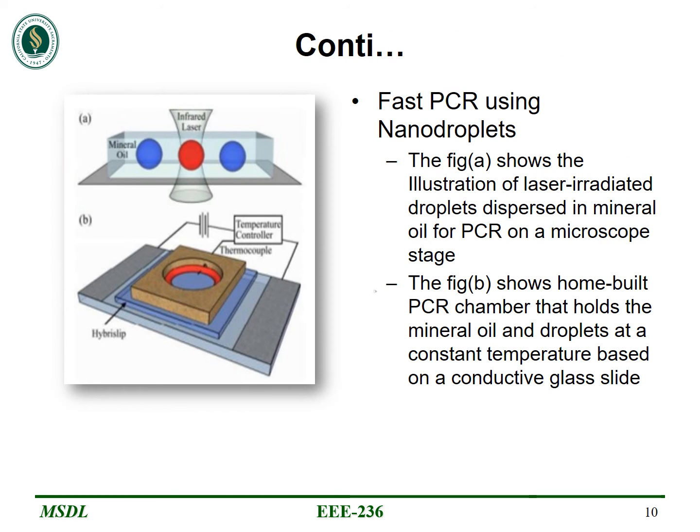To elaborate on applications of microfluidics, I want to elaborate on fast PCR using nanodroplets technology. The recent advances in optical microfluidics have demonstrated the practical applications of how light can control a liquid sample in the same way as fluid circuitry.